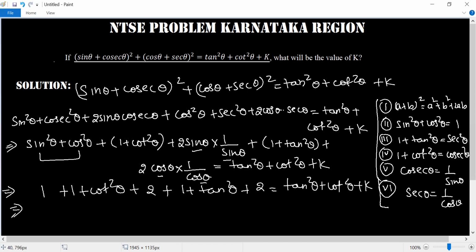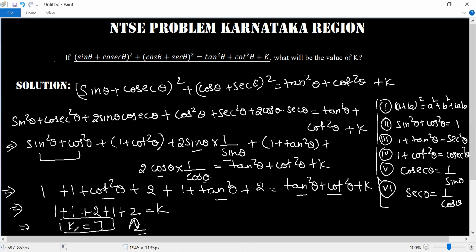After simplification, you get 1 plus 1 plus 2 plus 1 plus 2, right? That is 7, equal to k, which implies the final value of k will be 7. This is the required solution.